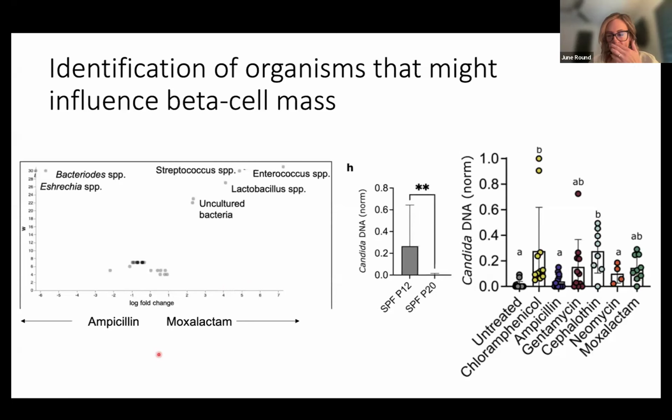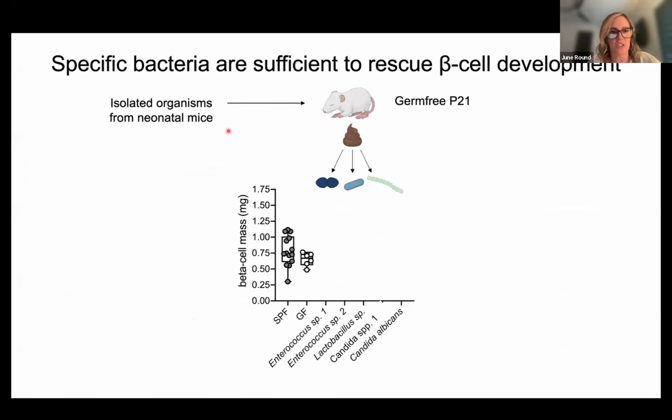So what Jennifer went on and did at that time is she started to isolate organisms from a neonatal animal, and she isolated several Enterococcus species, some Lactobacillus species, and then she pulled out some fungal organisms from humans and mice.